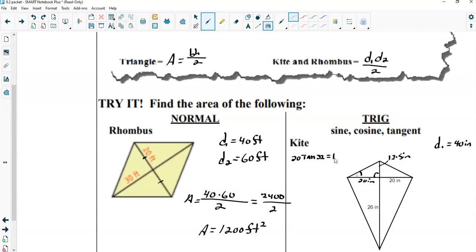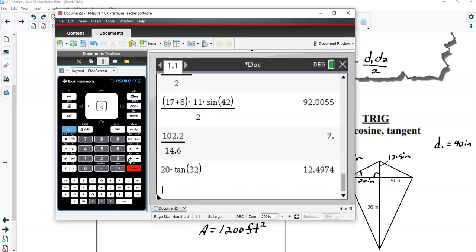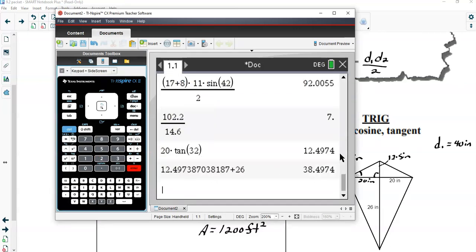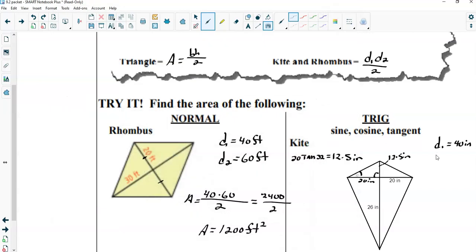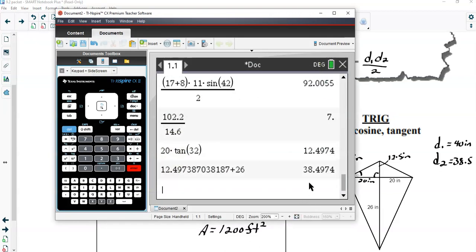So now that I have that, I could add it to 26. So plus 26, that's 38.5 inches total for diagonal 2. So now I have my 2 diagonals. I just need to multiply them and then divide it by 2.